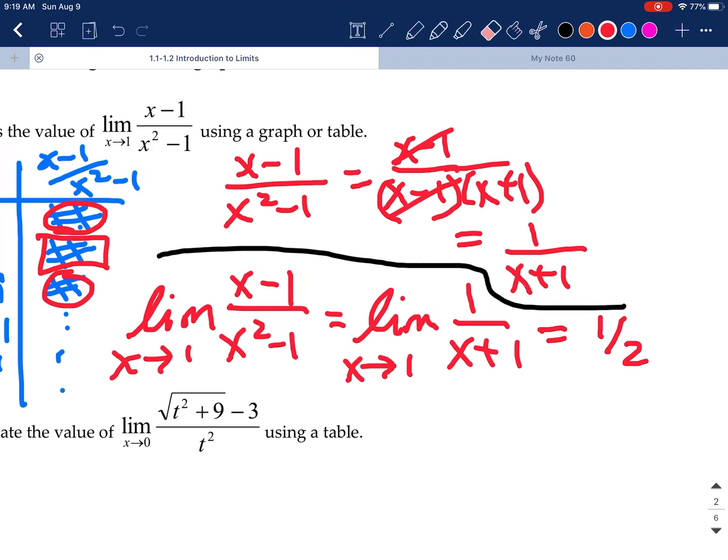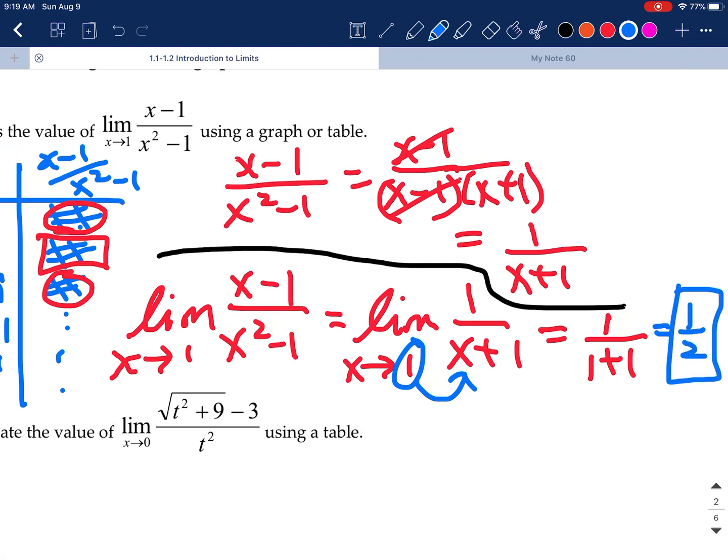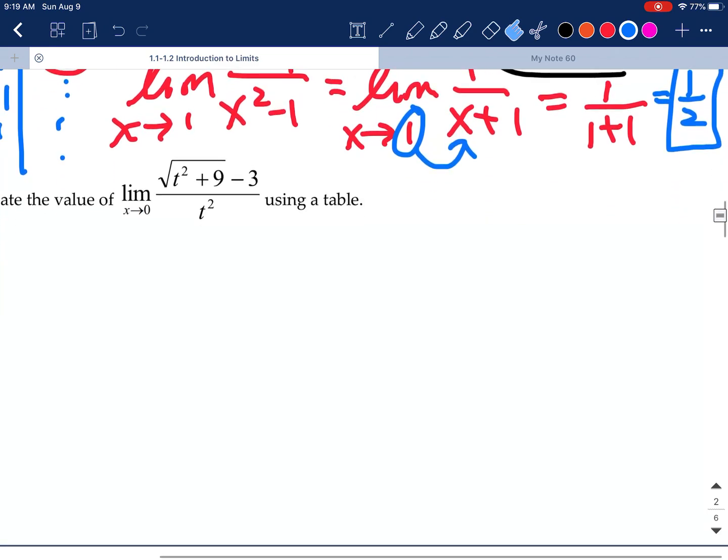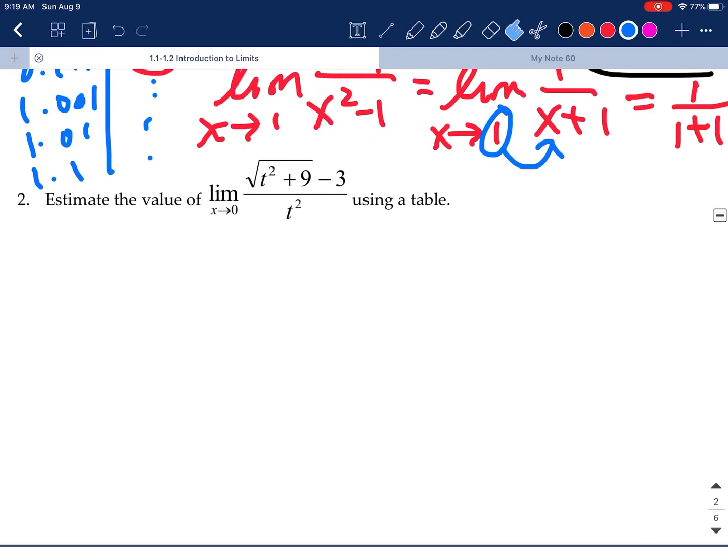But I can literally plug in the limit value into my function expression. And what we'll end up with is 1/2. So again, you could verify this graphically and you should end up with 1/2. The same will be true for the second example, only now we wouldn't have a factoring method to use because this is not a factorable expression. But there is something we can do.